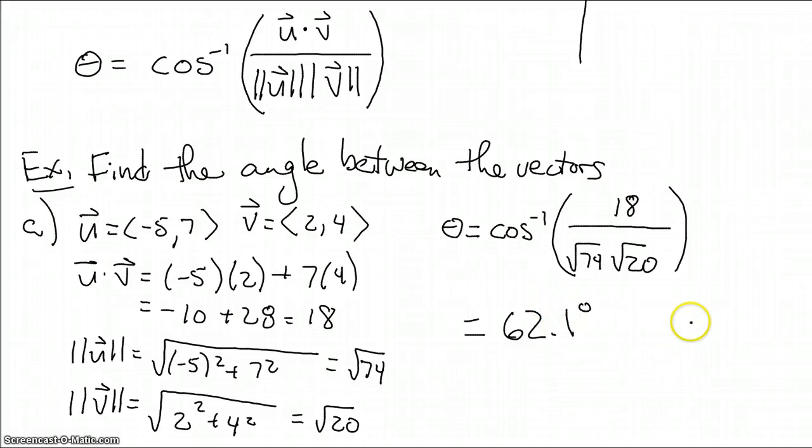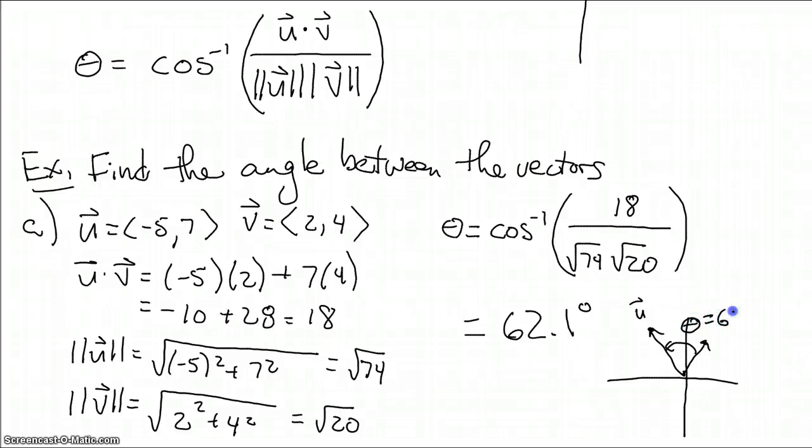So if we made a little sketch here, I've got negative 5, 7, which is going to be somewhere around here. So this is u, and v is 2, 4, so somewhere about here. So this angle between these two vectors, that theta, is going to be 62.1 degrees.